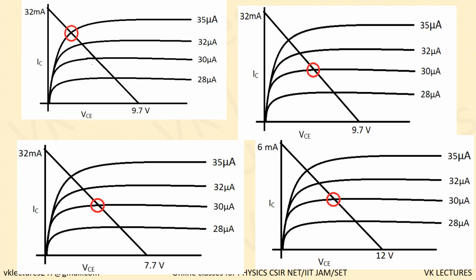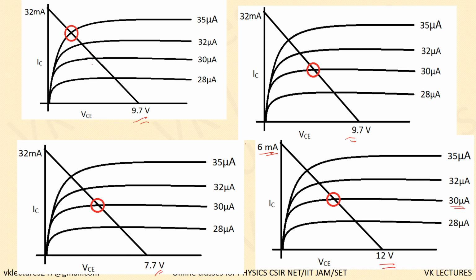Now what is the value of the maximum VCE? Maximum VCE 12. Anywhere else 12 is there? No. So immediately you can write, the maximum IC is equal to 6 milliampere. Now why do you know the Q point is at this particular value?